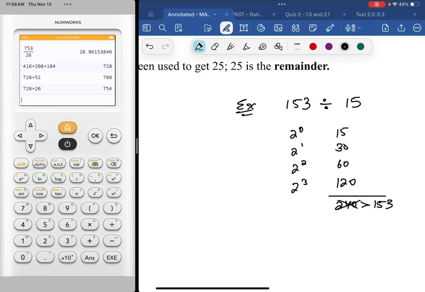Add up the relevant values. If I do 120 plus 30, that gets me to 150. But if I include any of the remaining values, I'm going to be too big. So these are the only relevant ones. So I'll do 120 plus 30 is 150. 153 minus 150 to get my remainder.